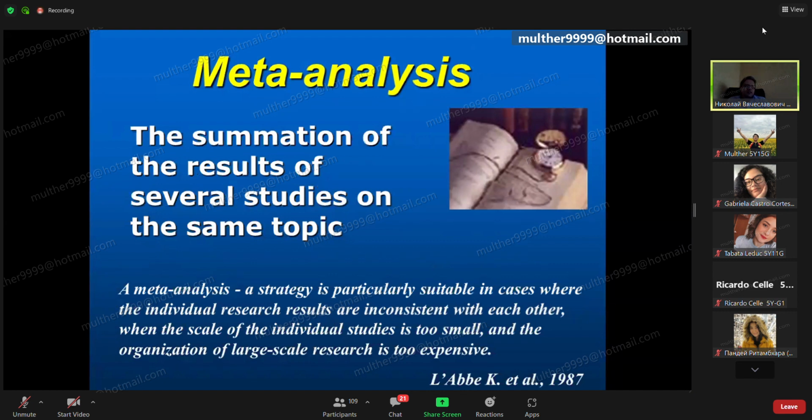For example, application of ACE inhibitors for hypertensive patients, or diuretics for patients with chronic heart failure, and other groups of drugs or diagnostic methods. Some diagnostic methods, MRI or CT scan, for detection, for example, of COVID changes in lungs.